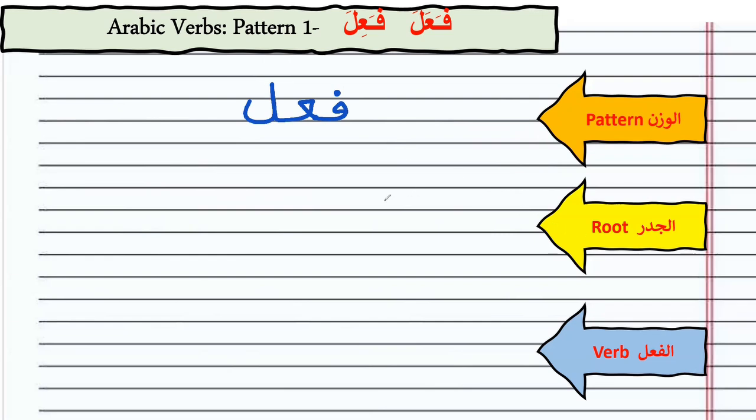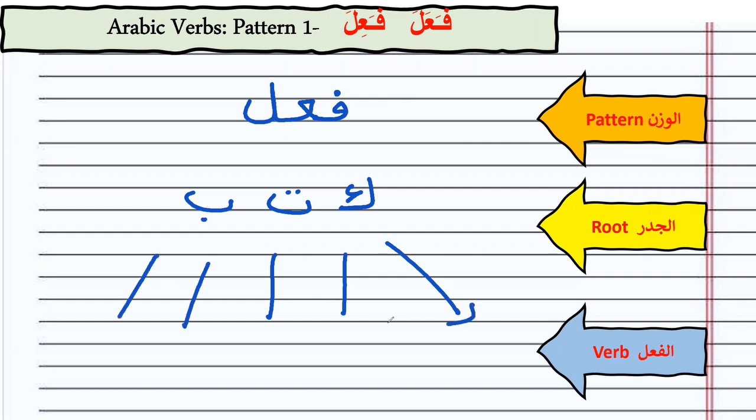The root, الجذر, can again be كتب, and the ka at the beginning is like this, but I can refer to it as the isolated form, kaf. الفعل.